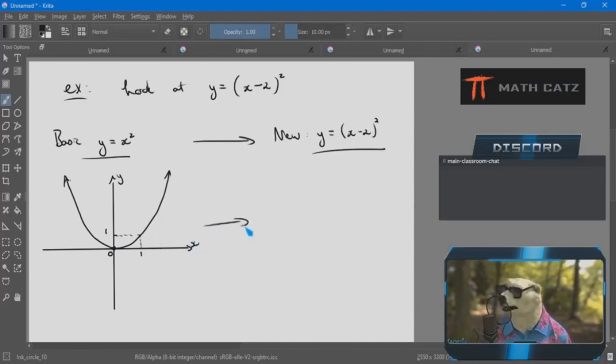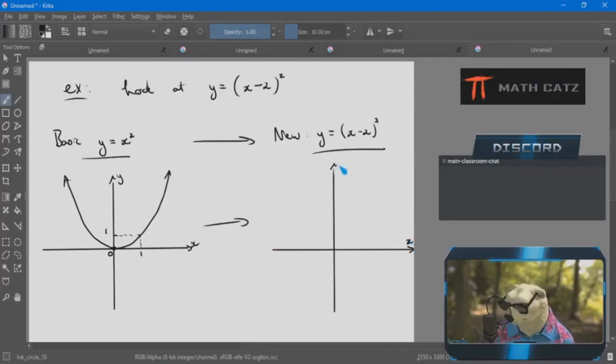Okay, so now I'm trying to understand, instead of me just telling you, I want to understand why the graph changes in the way that it does. So let me just set up my XY plane here. Like so. All right. So now, what is happening to the graph?